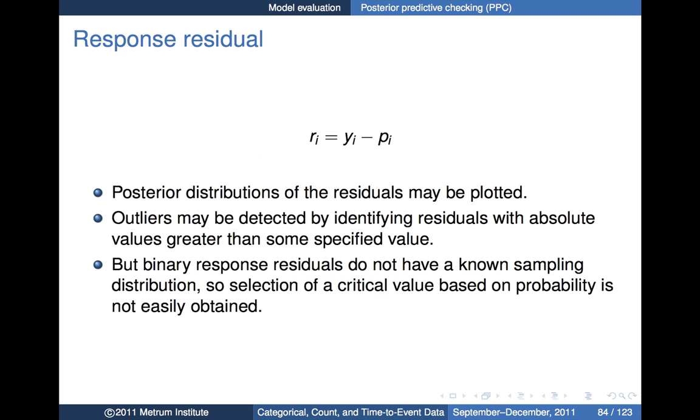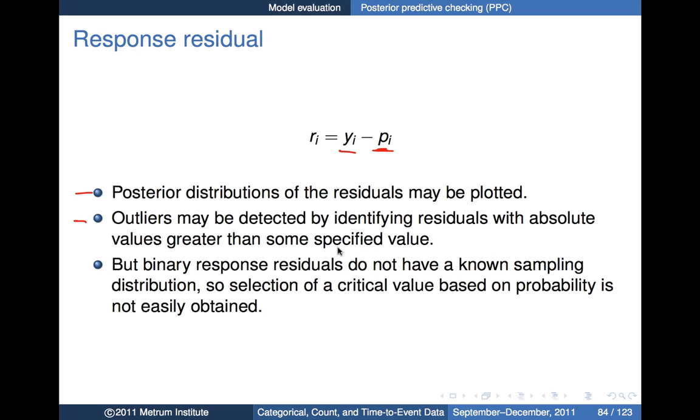First of all, the response residual is pretty much what you would think of as a residual. We take our observed values, our yi's, and subtract from them the expected value of that yi, which is exactly that pi value from our logistic regression model. We can plot the posterior distributions of those residuals, and use them as the basis for detecting outliers by identifying those individual data points that have absolute values greater than some specified value.